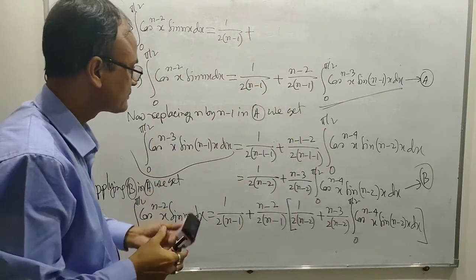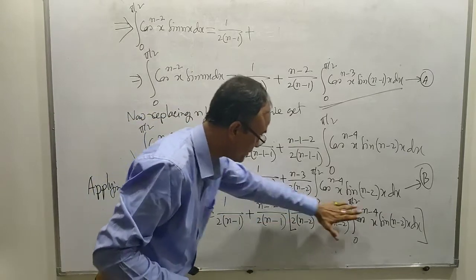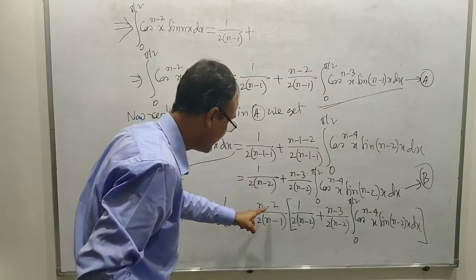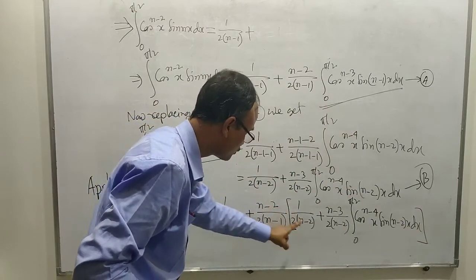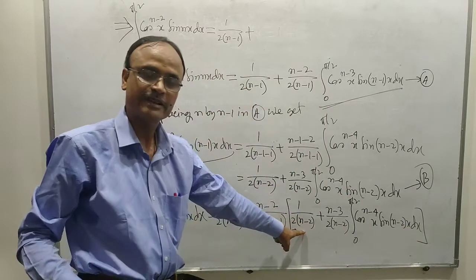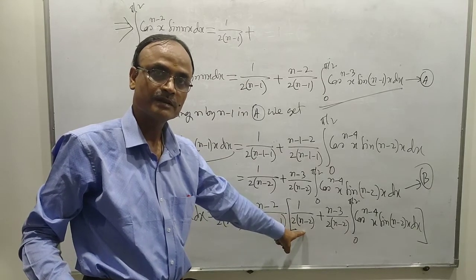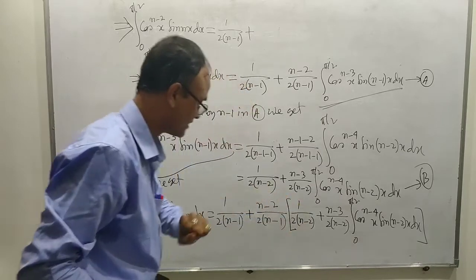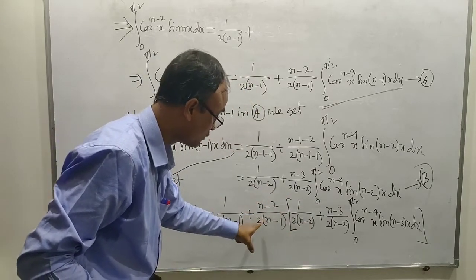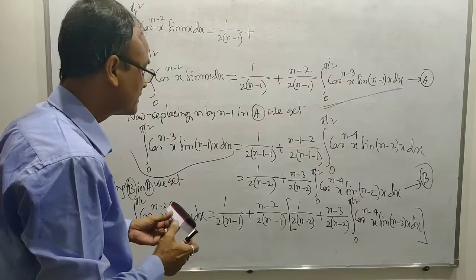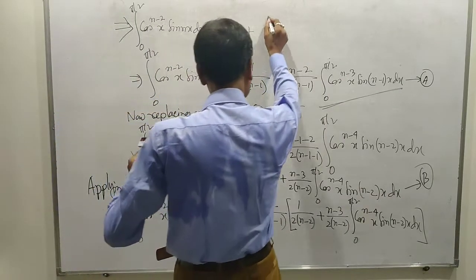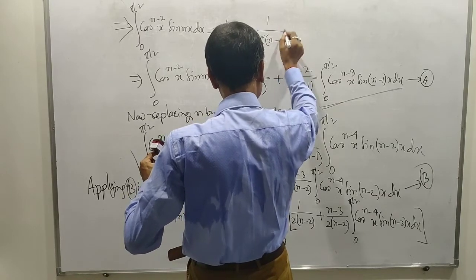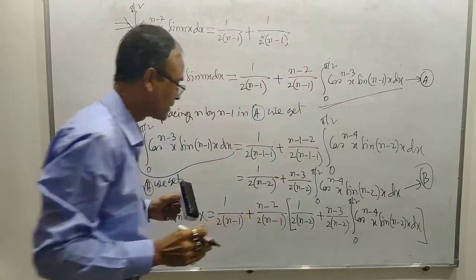You see, this multiplied by this. It is within the bracket. This into this, n minus 2 will be cancelled. You will get 1 by 2 into (n minus 1), what is 2 into 2 means 2 square into (n minus 1).